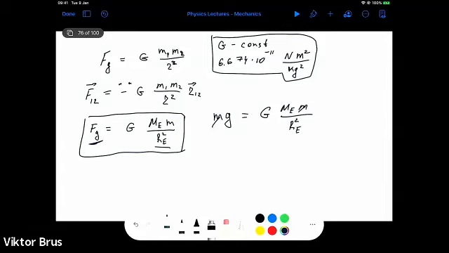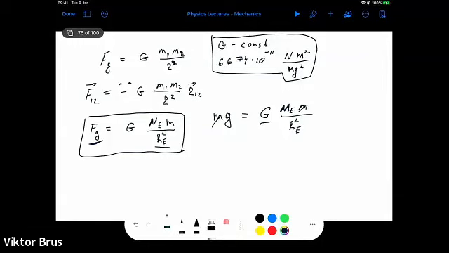We get an equation for g, the acceleration of free fall, which is equal to the gravitational constant times the mass of the Earth, or any other planet, divided by the radius of this planet squared.